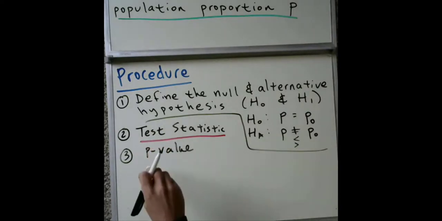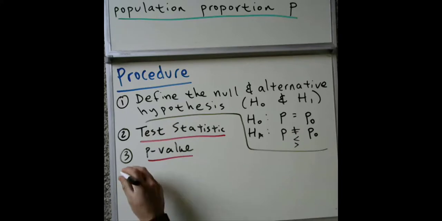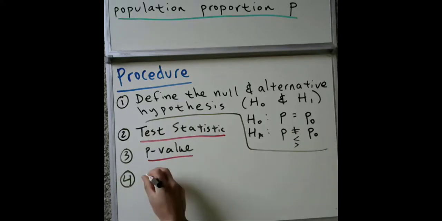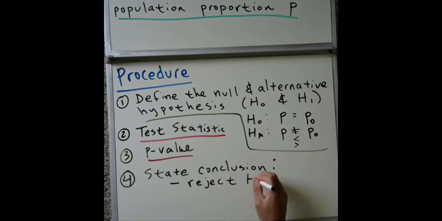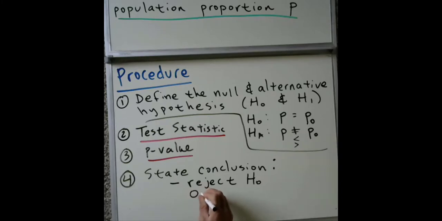These are our quantitative-based steps, and we're going to give them their own time in just a minute. Our last step is to state a conclusion. That conclusion is either we reject the null hypothesis or we do not reject the null hypothesis.